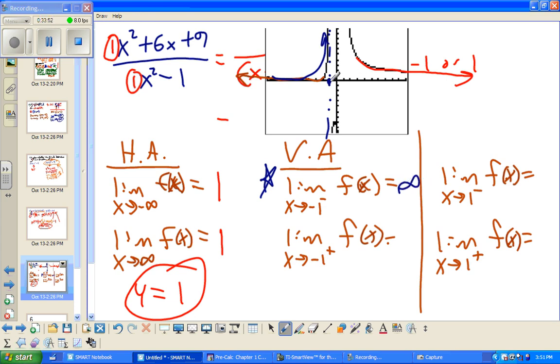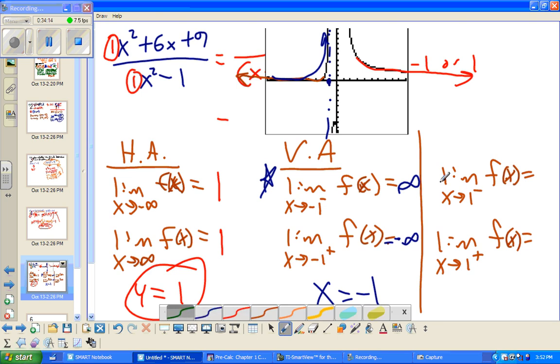As I approach this value of x from the right, well, now I'm coming down here and that's actually going down to -infinity. All I needed was one of those to be either infinity or -infinity to say x equals -1 is a vertical asymptote.